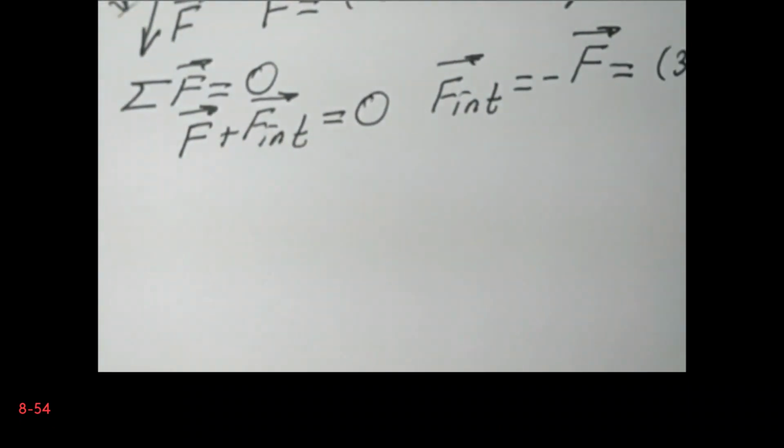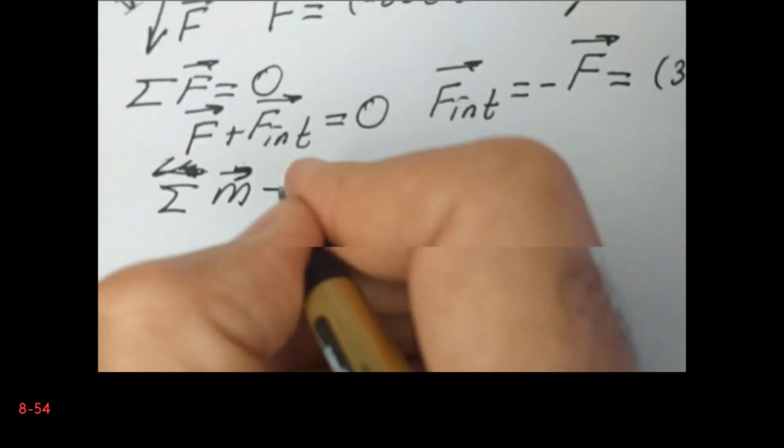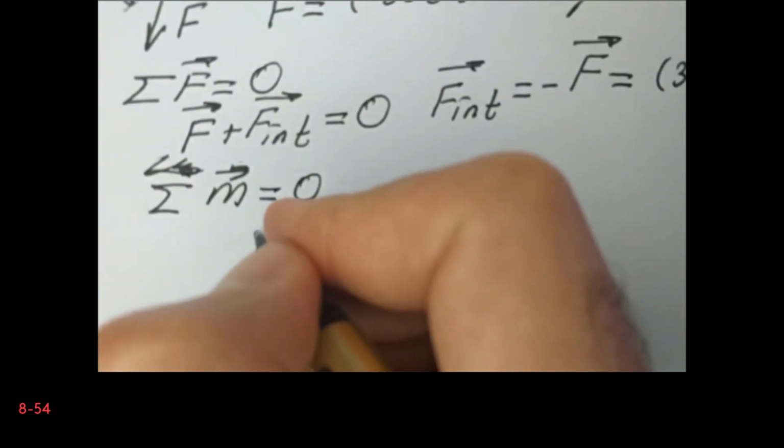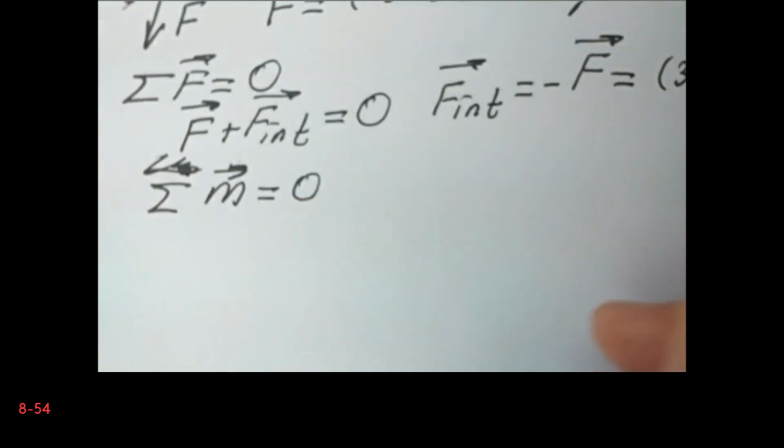Now we need to calculate the moments. The sum of the moments has to be equal to 0. We will take the moment with respect to the origin of the coordinate.